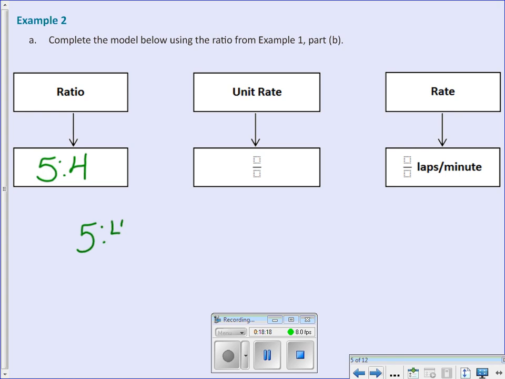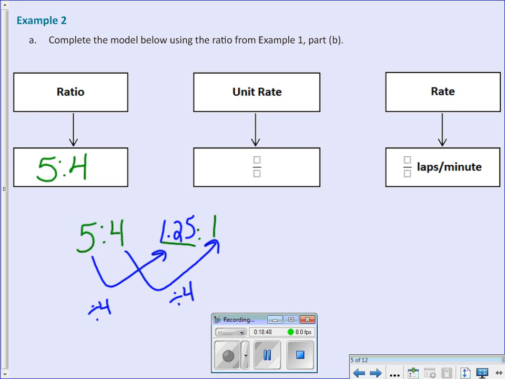So if we have 5 to 4, and our unit rate has to get it down to 1, what would our unit rate be? Think of the double V. That's dividing by 4. So 5 divided by 4 is what? 1.25. So our unit rate would be 1.25 over 1.